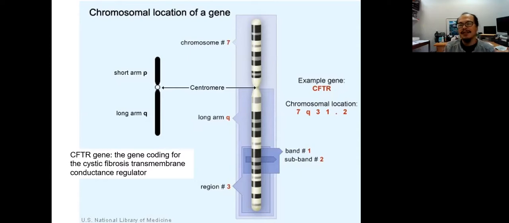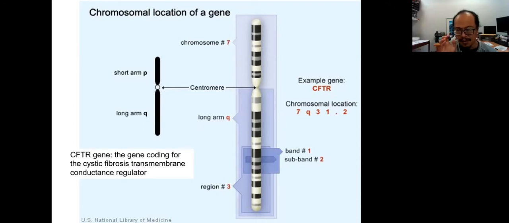So for example, we have chromosomes 1 to 22, sex chromosome X, sex chromosome Y, and we have the p arm and q arm, and each arm we can also segment into 1, 2, 3, 4, etc. For example, a gene called CFTR is a gene coding for the cystic fibrosis transmembrane conductance regulator.